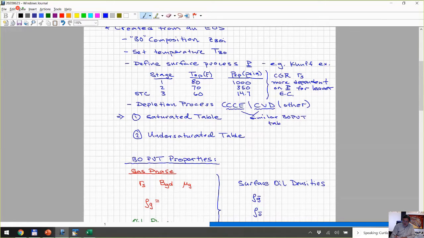The exception to this, which is discussed in the original Fevang-Whitson paper for gas condensate specifically, is that the oil viscosity that affects the region 1 pressure drop, the oil viscosity coming from the CCE test, is more appropriate than the CVD oil viscosities.